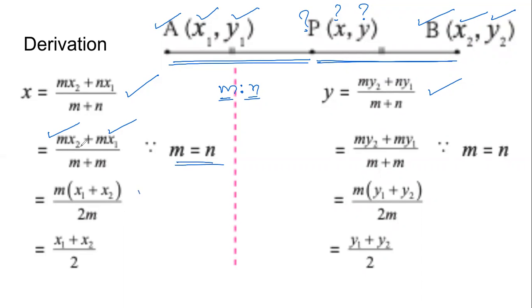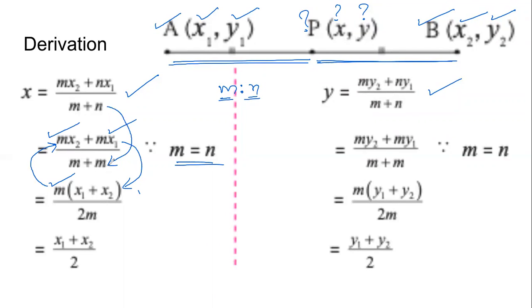Now in the numerator, in the two terms mx2 and mx1, m is common, so we can transform the numerator like this, and if you do this multiplication you will get this. Similarly, the denominator transforms into this.